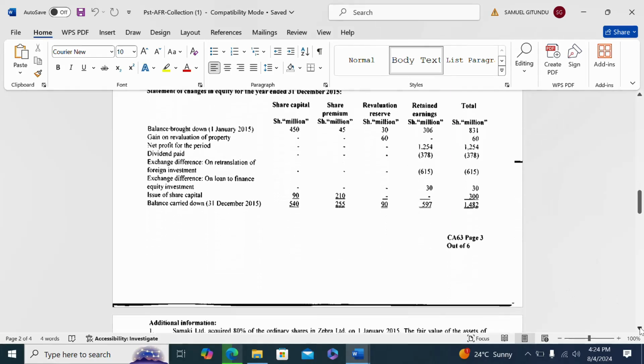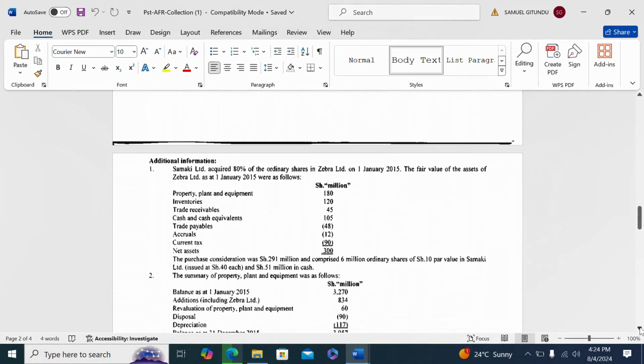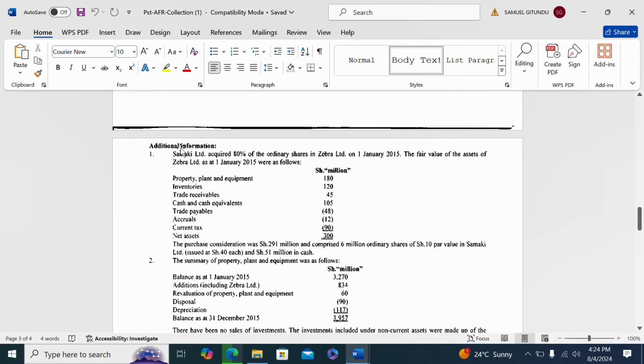So from there, you are given additional information. Samaki Limited, so this is the parent, acquired 80% of the ordinary shares in Zebra Limited. So Zebra Limited is a subsidiary on 1st January 2015.